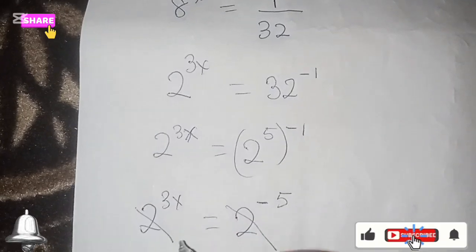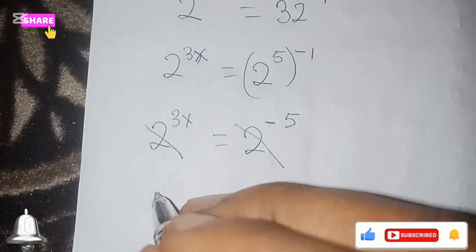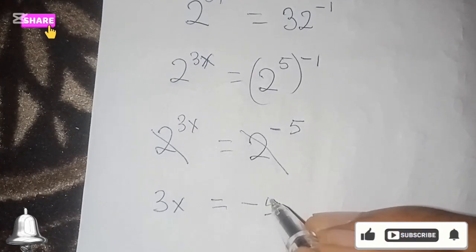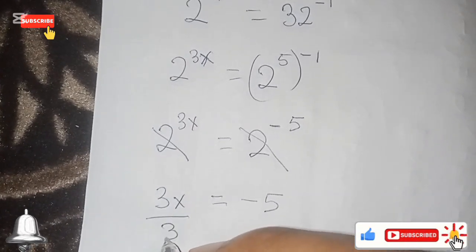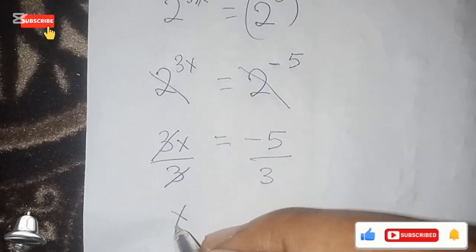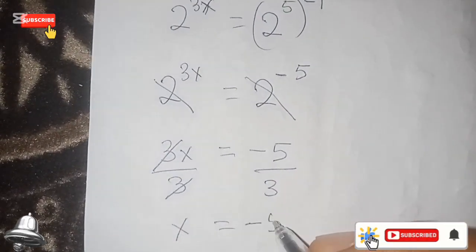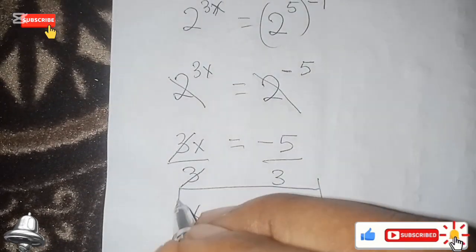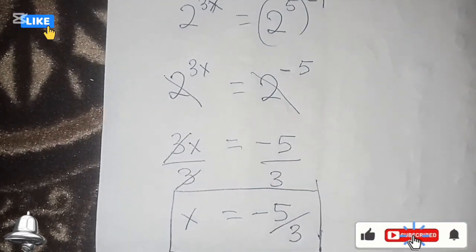The base cancels out. And then we have 3x equals -5. We divide through by 3. And then we have our x to be -5/3. The value for x is -5/3.